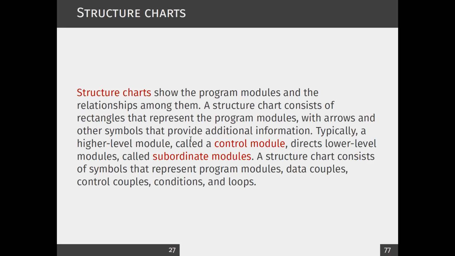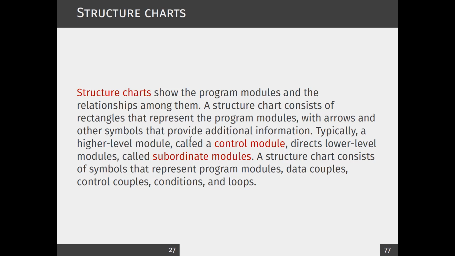Now that we have talked about the modules part, let's look at how we can design modules and also how to implement the module. Structure charts are usually used to show the program modules and their relationships. In a structure chart, you have rectangles. These rectangles normally show the program modules. And there are a lot of arrows.